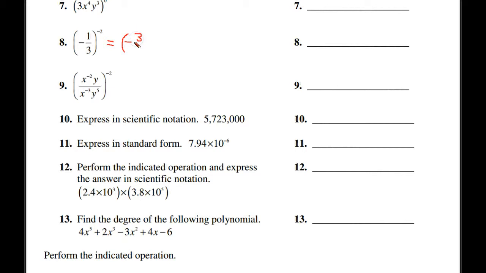Actually, it'll be a negative 3 over 1. That's the reciprocal. And that changes the sign of our exponent. It will make it now a positive 2. So in a sense here we don't need to write the 1, a negative 3 squared, which will be a positive 9.